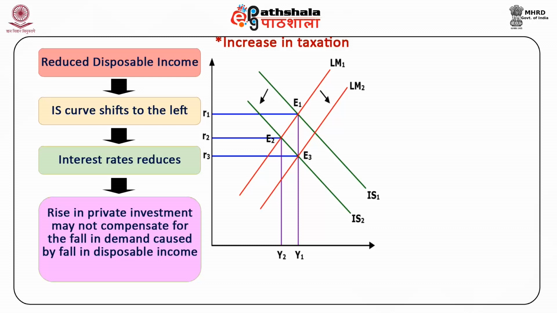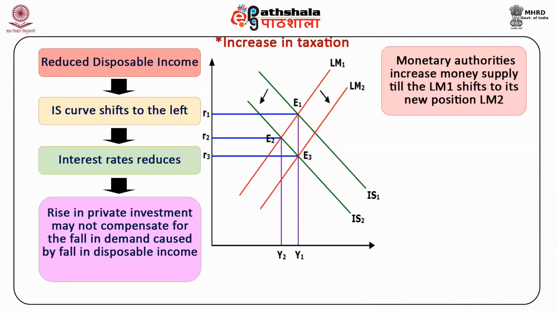In order to prevent this fall in income, the monetary authorities could increase money supply till the LM1 shifts to its new position LM2.